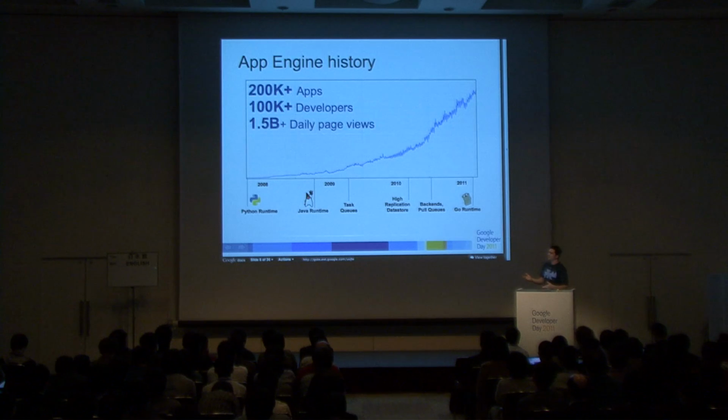And then the high replication data store came along in 2010, which is a more reliable data store, which enabled us to provide a more reliable service with less downtime. And then also in 2010, we introduced backends and pull queues, which further expanded the potential applications for App Engine apps. And then in 2011, earlier this year, we introduced the Go runtime.